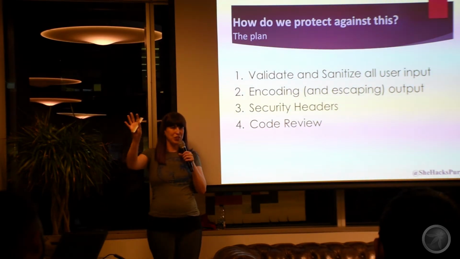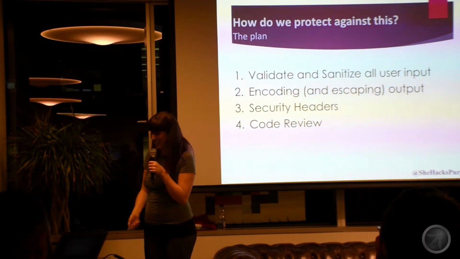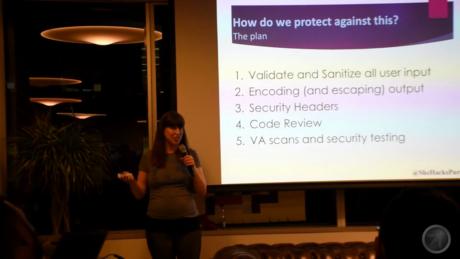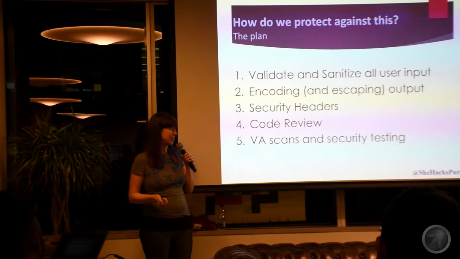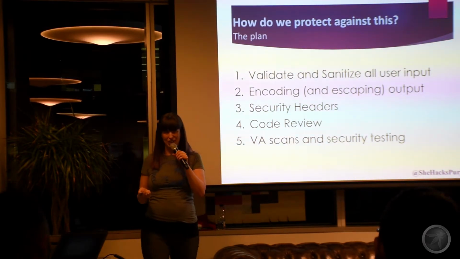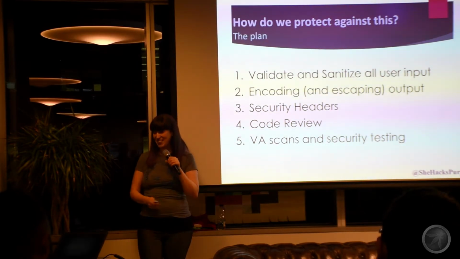I don't mean you have to review all your code for everything, but come on, look at the inputs and outputs. We can do it. And 5, VA scans and security testing. We're not going to get that deep into number 5 because we have limited time, and also I don't want anyone to go to sleep. You have a really great talk to look forward to after me by Sean.